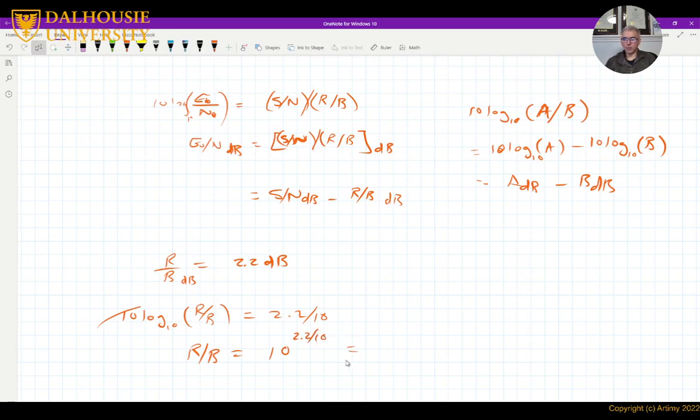So what I end up with is 10 to the power of 0.22. Right? And if I use my calculator here, I'm not showing you my calculator, but I'm doing it on the side. So 10 to the power of 0.22 is 1.66.